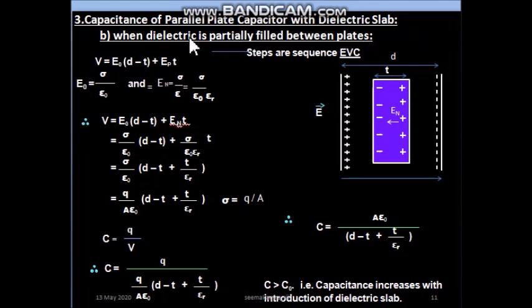Now let us start with B case after the air capacitor. B case is when dielectric is partially filled between the plates.